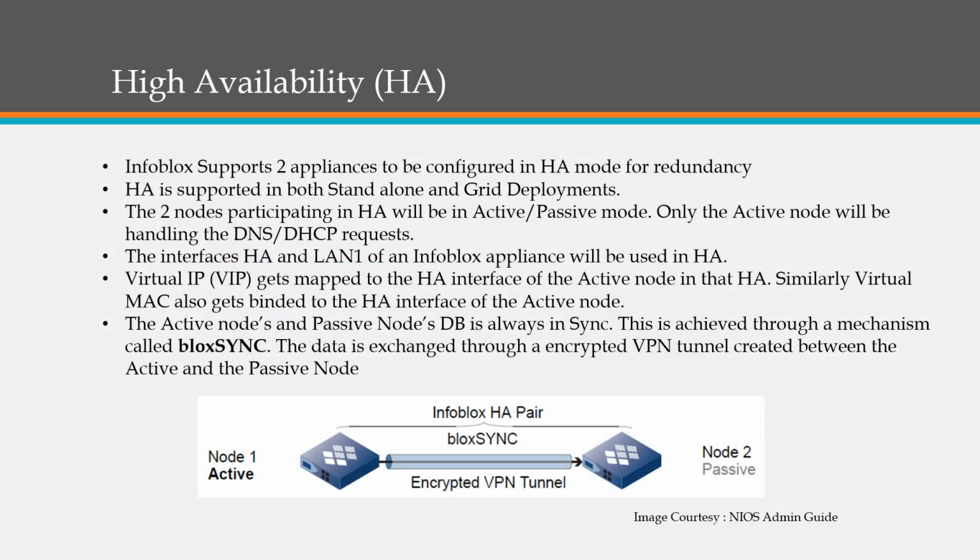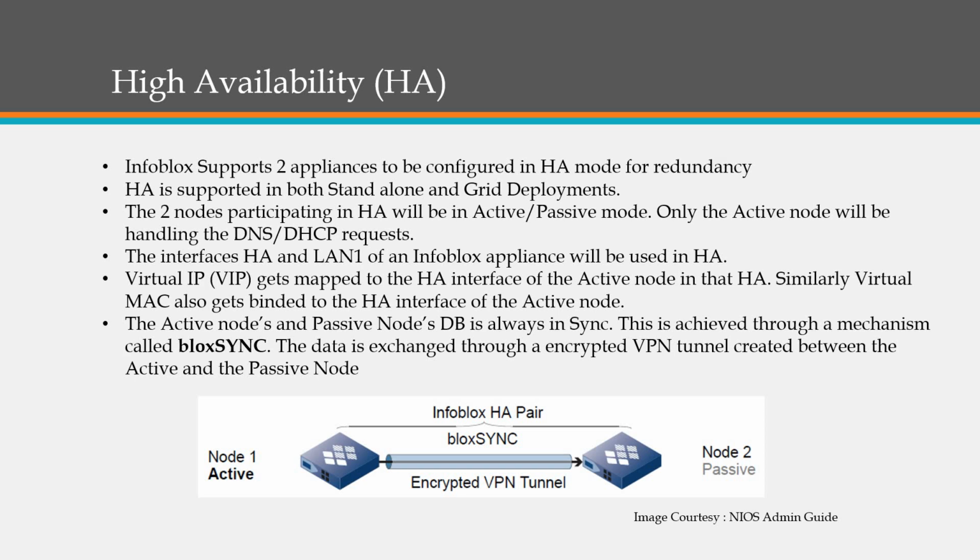Okay, so now the next topic is high availability, or in short, HA. Infoblox supports two appliances to be configured in HA mode for redundancy. HA is supported in both standalone and grid deployments.